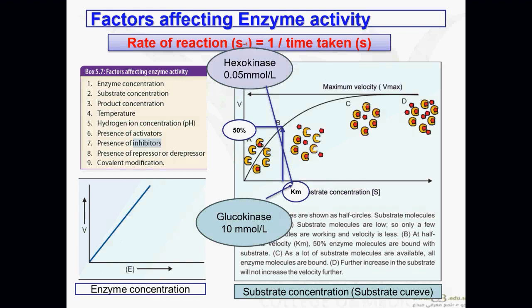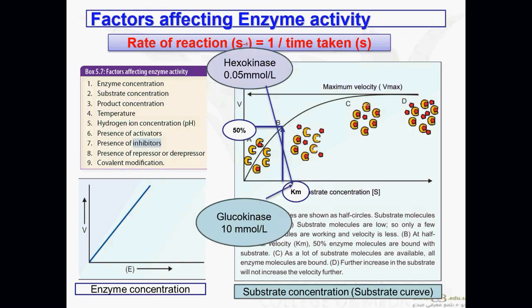While the isozyme of the same activity, the glucokinase, is specific for the liver, and it is insulin independent, but it reaches V50 of the conversion of glucose to glucose 6-phosphate only when we reach a concentration of 10 millimole per liter.